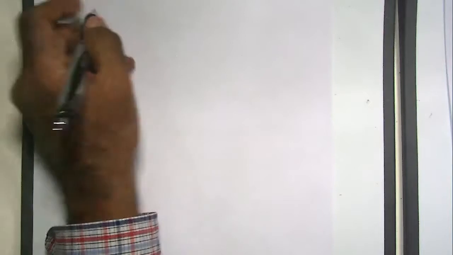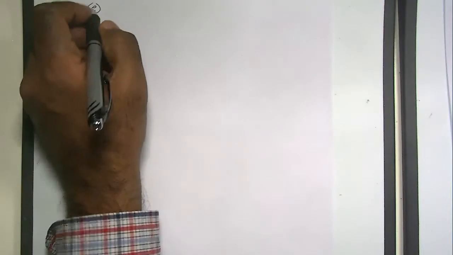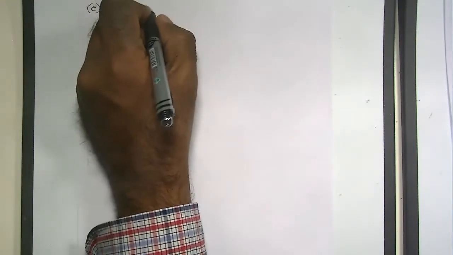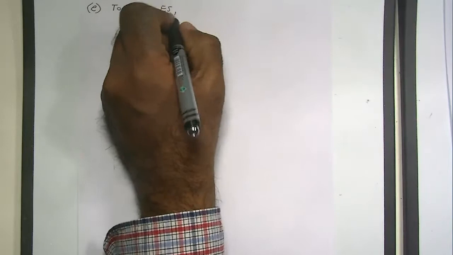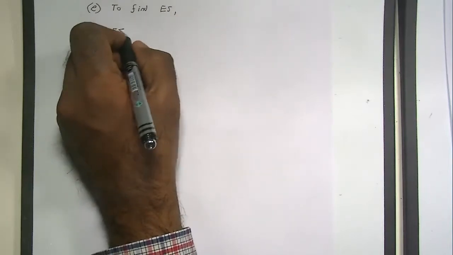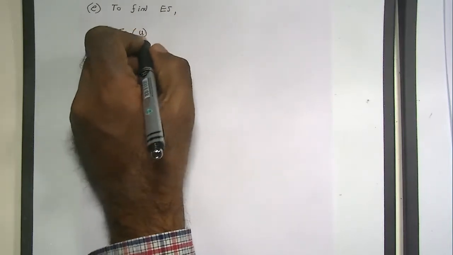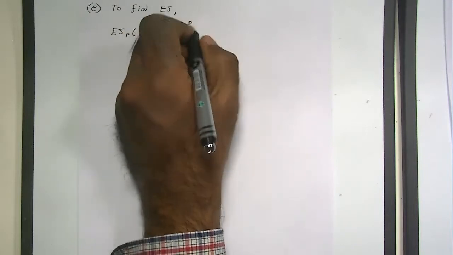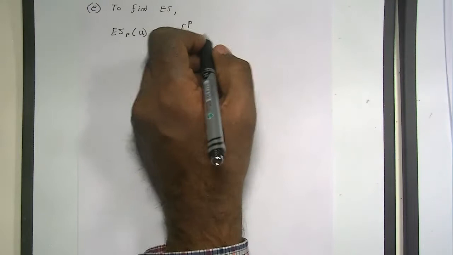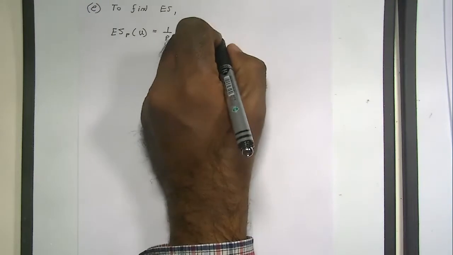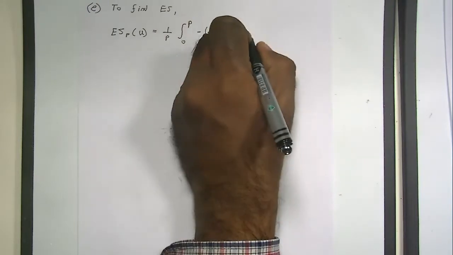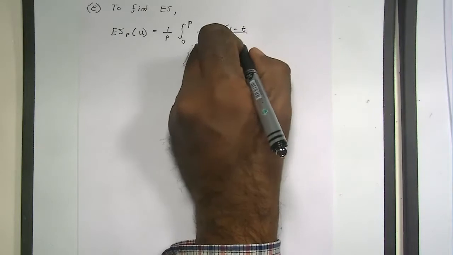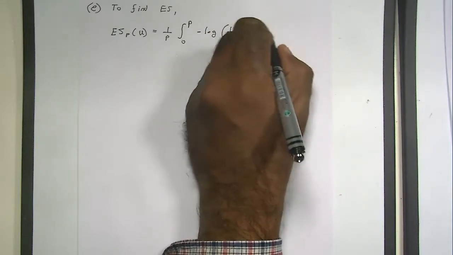So it's part E. To find the ES, all you have to do is just integrate from 0 to p of the VaR, which is minus log of 1 minus t divided by k times t, dt.